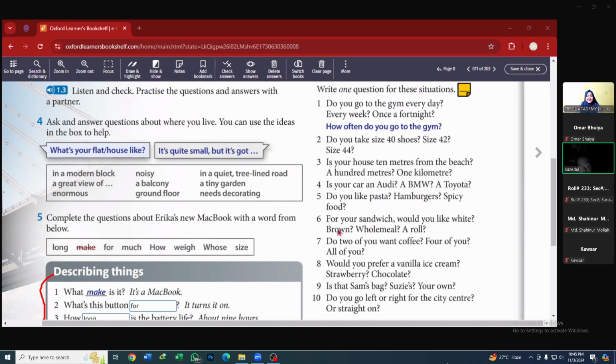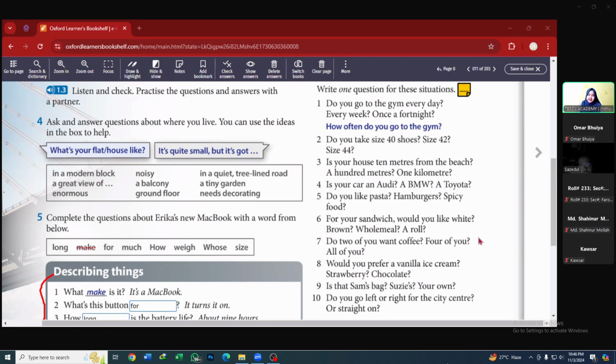Question 6, right? Yes, question 6. Which color of sandwich? Which color of, okay, so it is which kind of bread? So these are all types of breads, white, brown, wholemeal, a roll. These are all types of breads. So we are asking which kind of bread. Go on, go on.